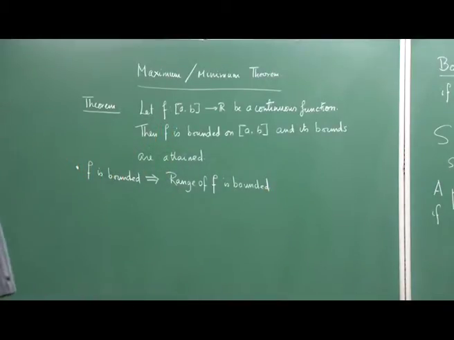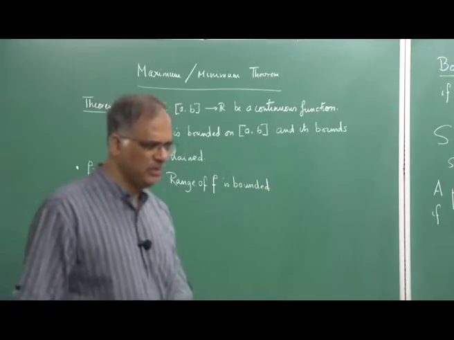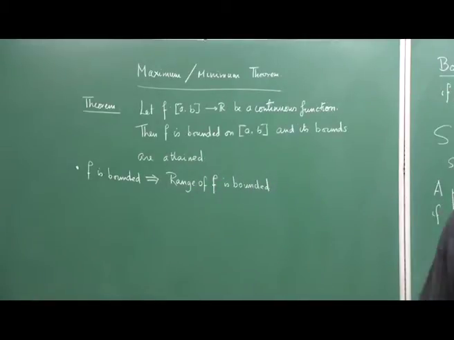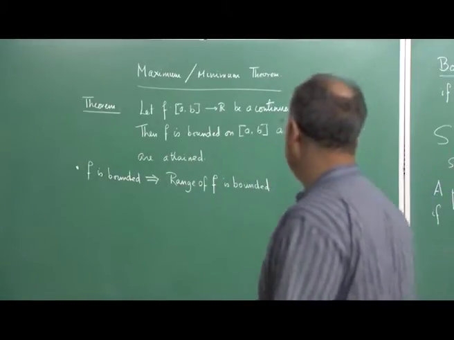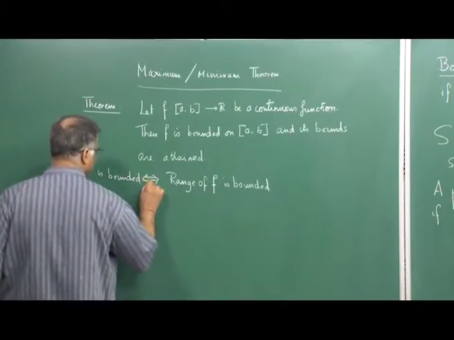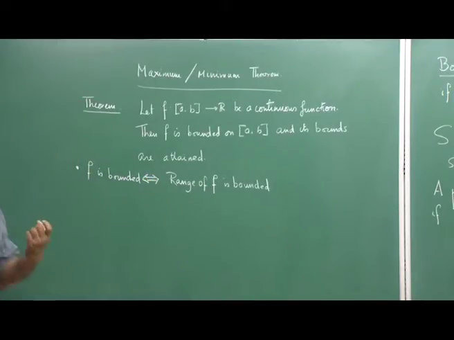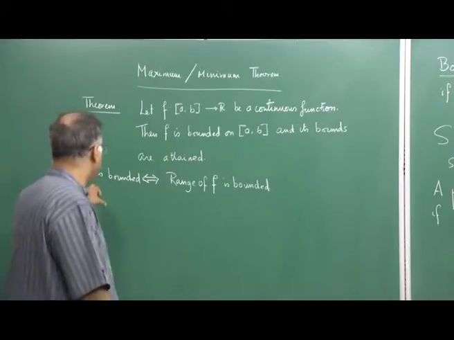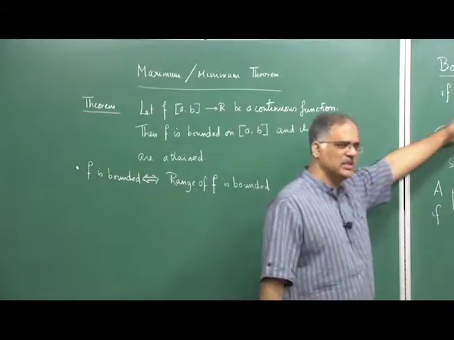Obviously, you know by now the meaning of the range of f, so I am not going to write it down. If the range of f is bounded, then we say f is bounded. So, this is the link: boundedness of a function is linked to the boundedness of a set.